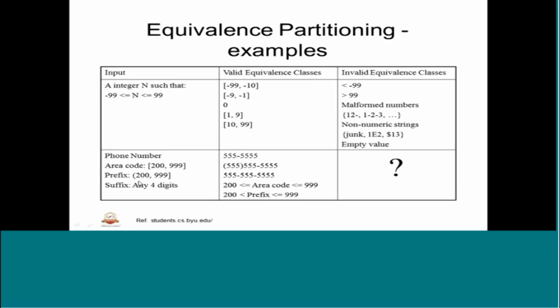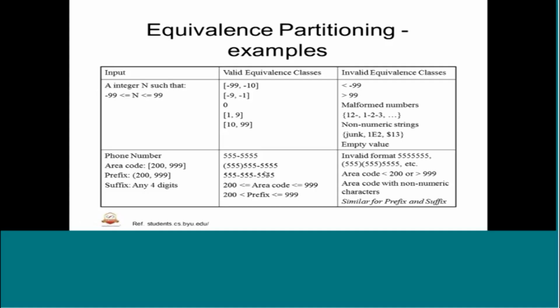That means the prefix is identified as 200 to 999. Similarly, the last one, the suffix itself, is identified as 200 to 999. So it is similar to what was there for n. Here we have a phone number with this range specified.